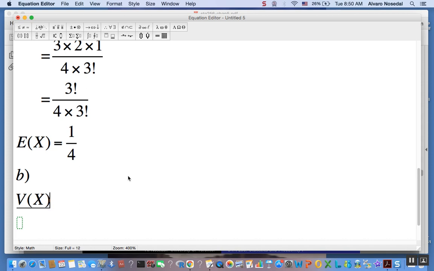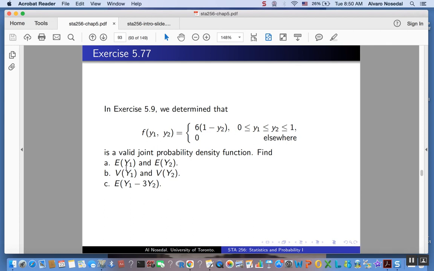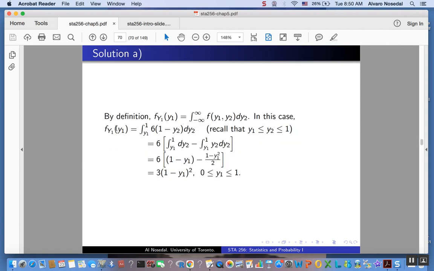Since one way is finding the marginal first, let me go back to our lecture notes and see what the marginal looks like for y1. If we took that route, f of x is going to be 3 times 1 minus x squared. Let me write that down: 3 times 1 minus x squared.